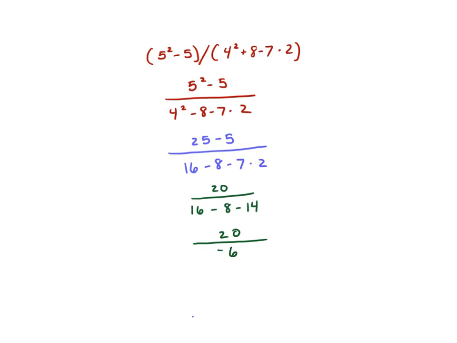Both are divisible by 2. So I can write it as 10 over negative 3, or negative 10 thirds. And so I'm done right there. Hopefully these will get you warmed up in remembering order of operations and how to use PEMDAS. Example, that was it.